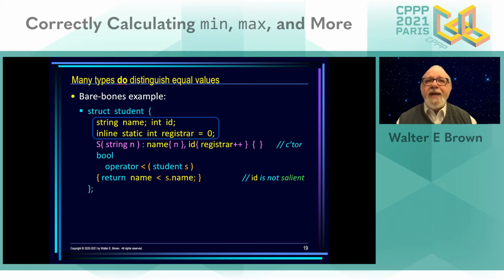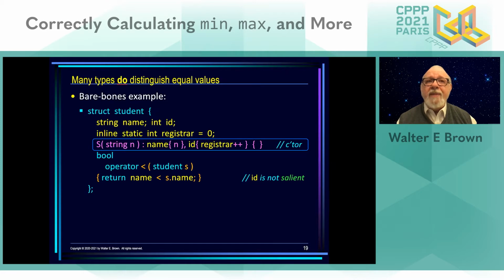It has two data members, a student's name and a student's ID, and a static data member I've named registrar. The only use for the registrar is to initialize the student's ID. We have passed the name explicitly, but the ID comes implicitly from the registrar.